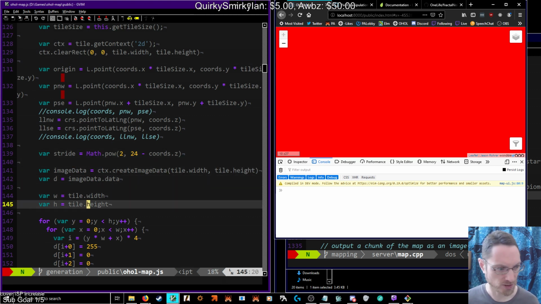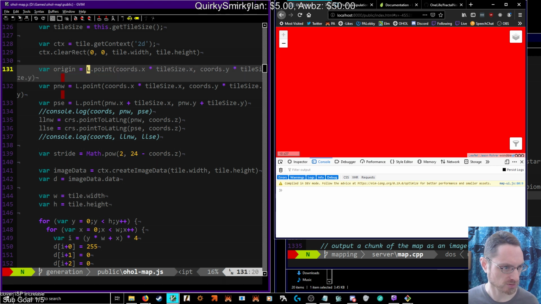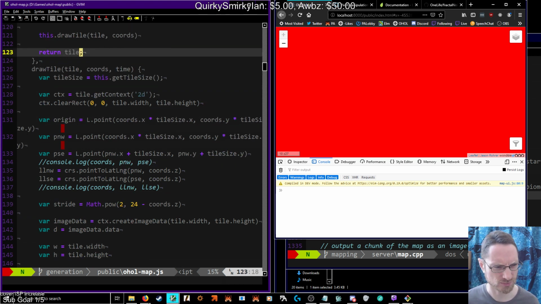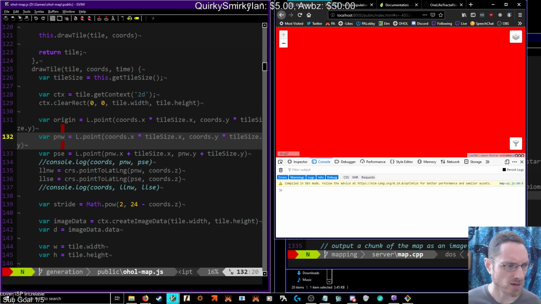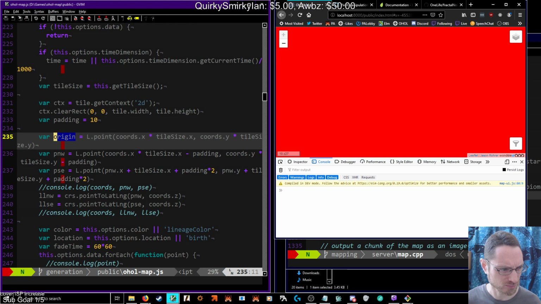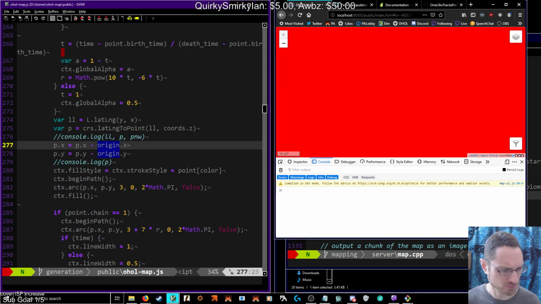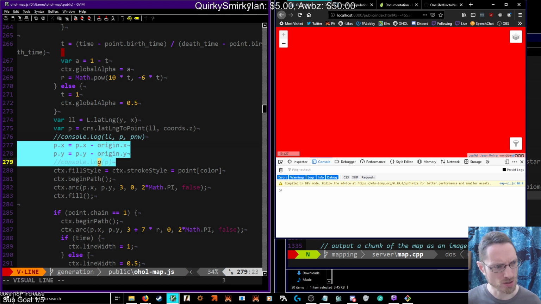I guess for parity with our other thing. Now for this, I don't think I need both corners. Do I use origin for anything? Oh.